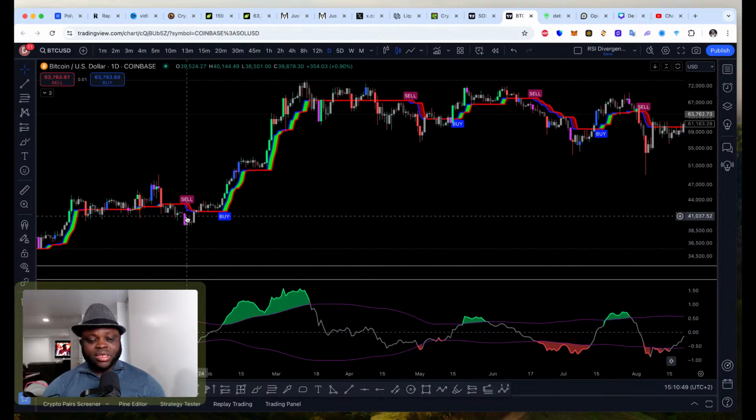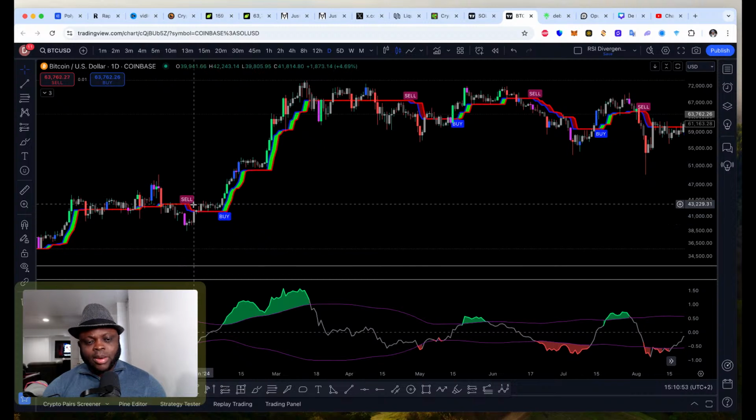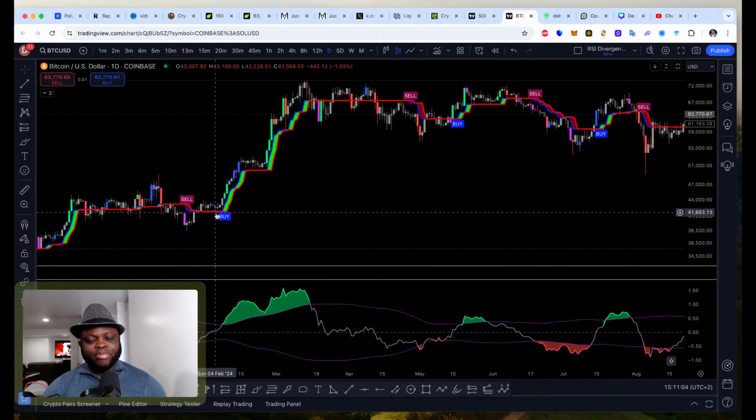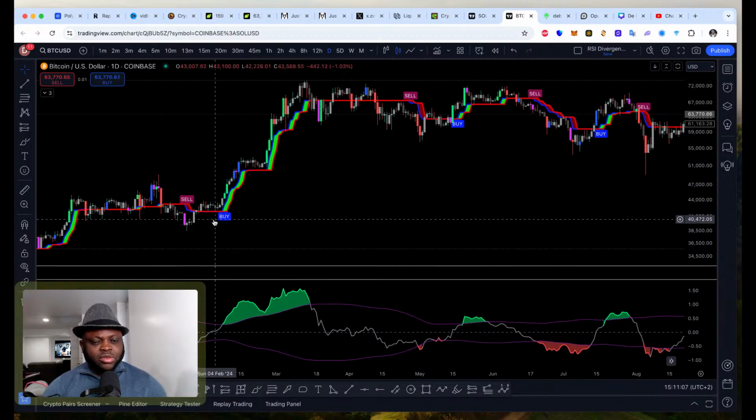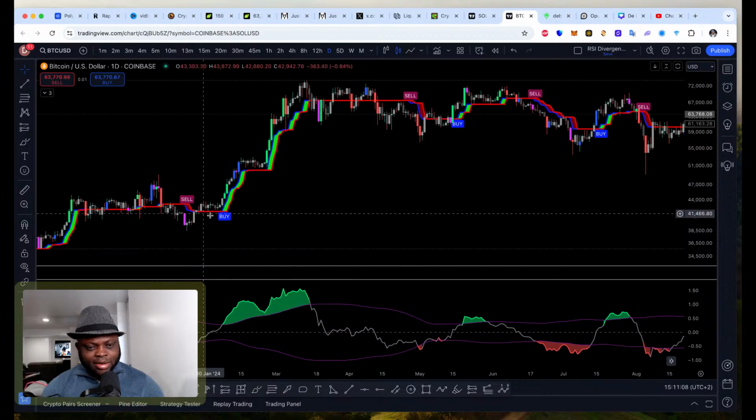The confirmation is going to be seen when price retraces back towards where the alpha trend put the sell signal, and you see multiple rejections. And after multiple rejections, you want to see price close again below the alpha trend, like below this line here. If price closes below, that's when you get into that trade.